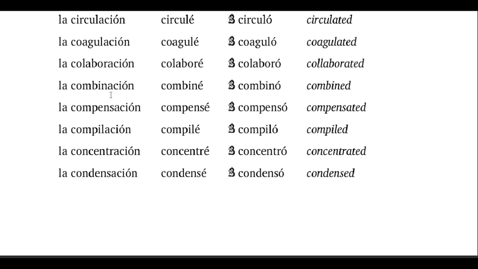And after that, in another column, now we work on converting the noun to a verb. So we take off the ACIÓN, replace that with an E or an O. So that becomes combiné or combinó, meaning I combined or you, he, she combined. So you do that for as many words as you can.